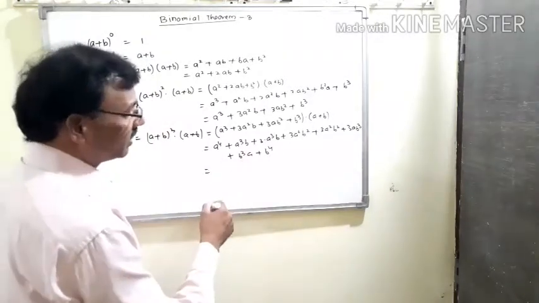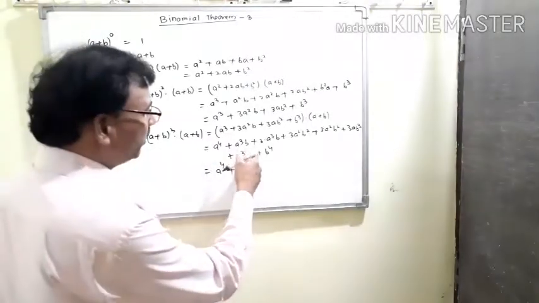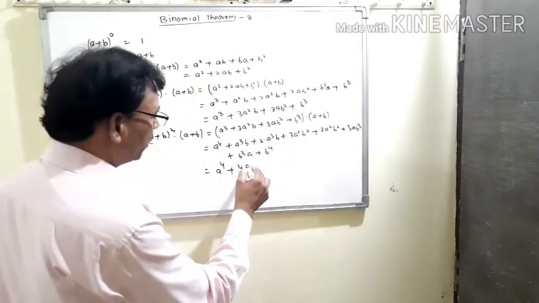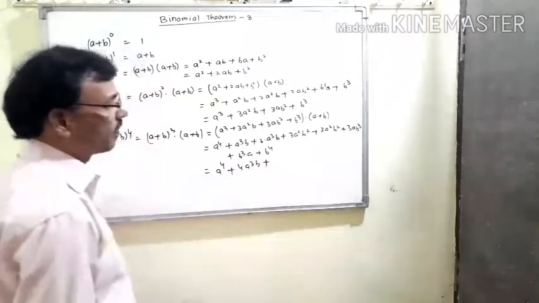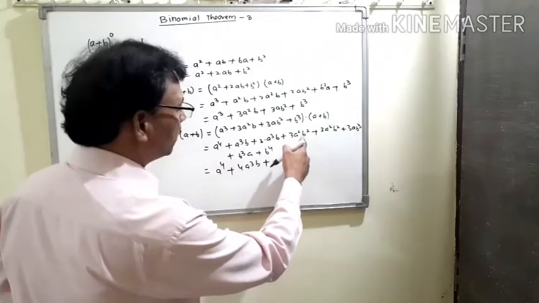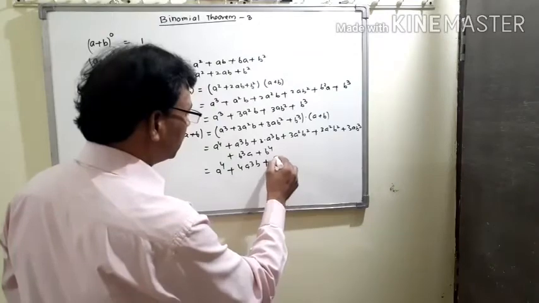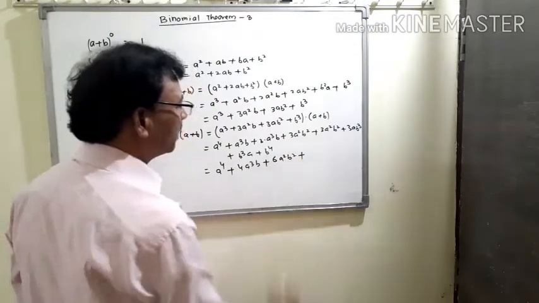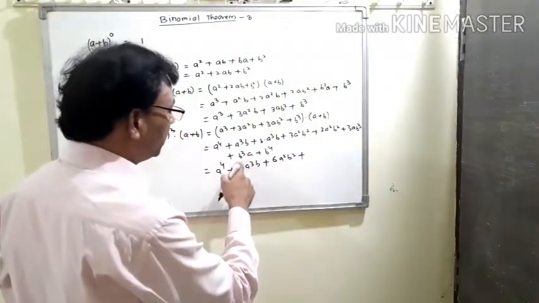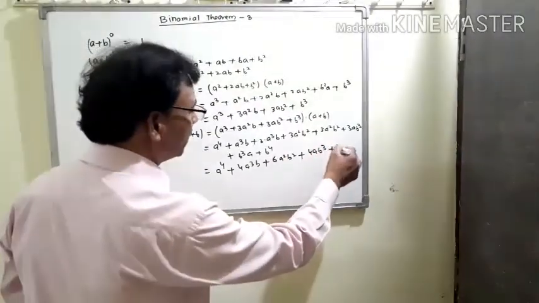Now if we simplify, then a power 4 plus a cube b plus 3a cube b, that will be 4a cube b, plus 3a square b square and 3a square b square, that means 6a square b square, plus 3ab cube and ab cube, this will be 4ab cube, plus b raised to the power 4.